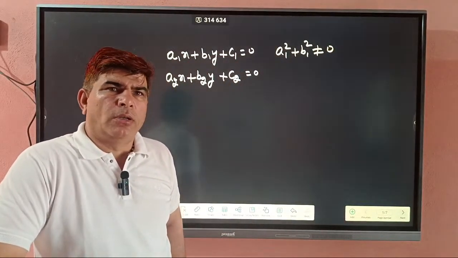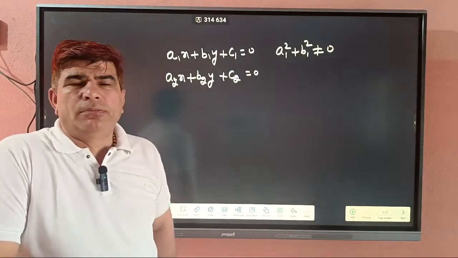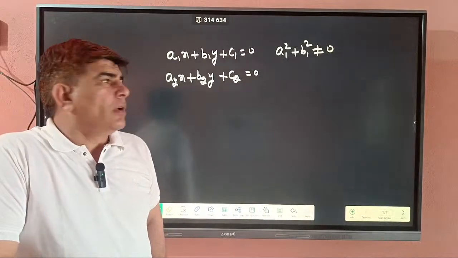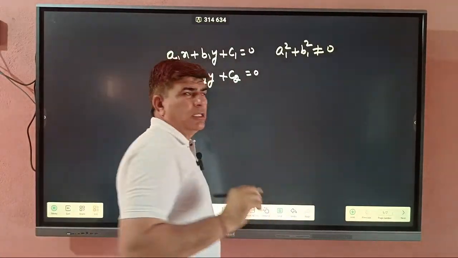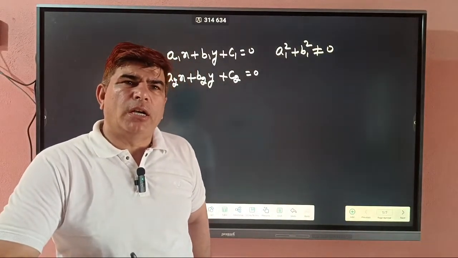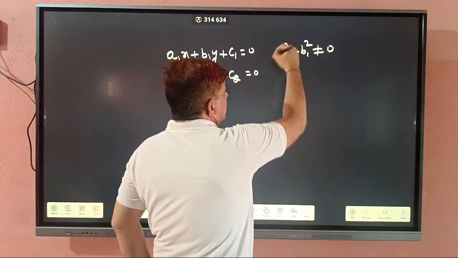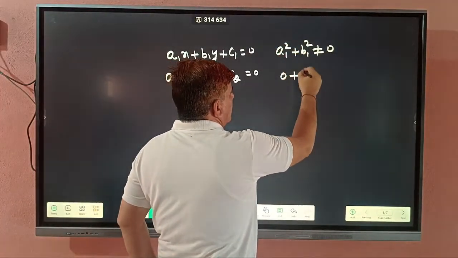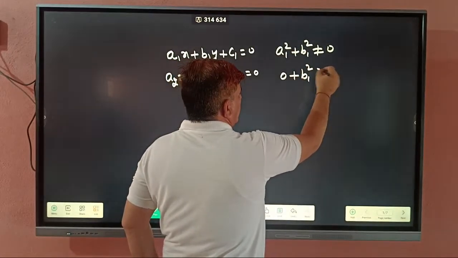Understood? Why did I say this is not equal to 0? Because the square of any number is always positive. So even if one becomes 0, the other square is still more than 0.